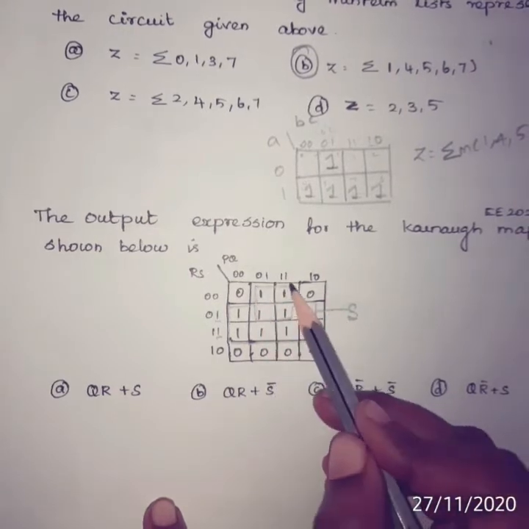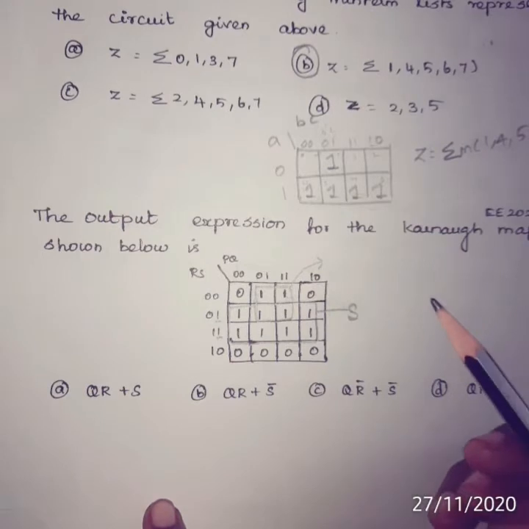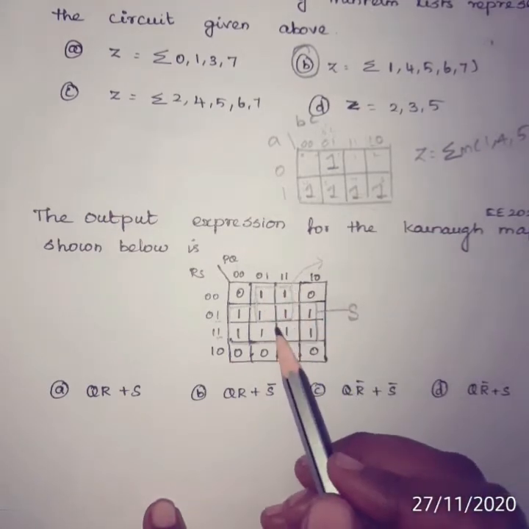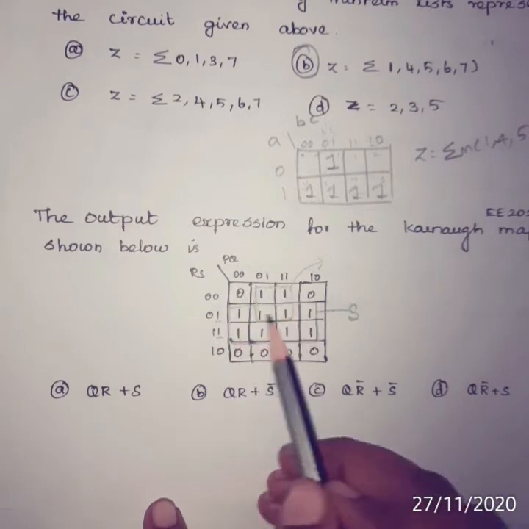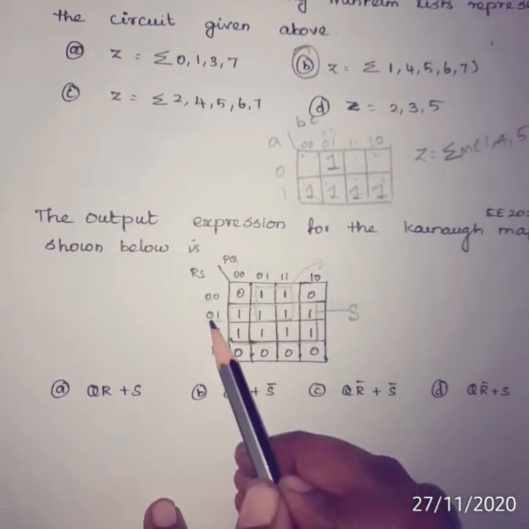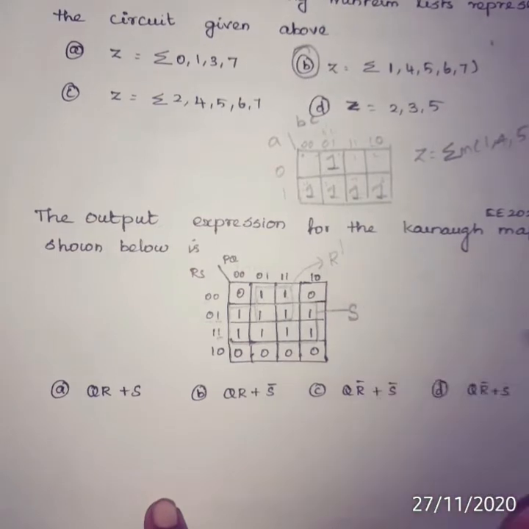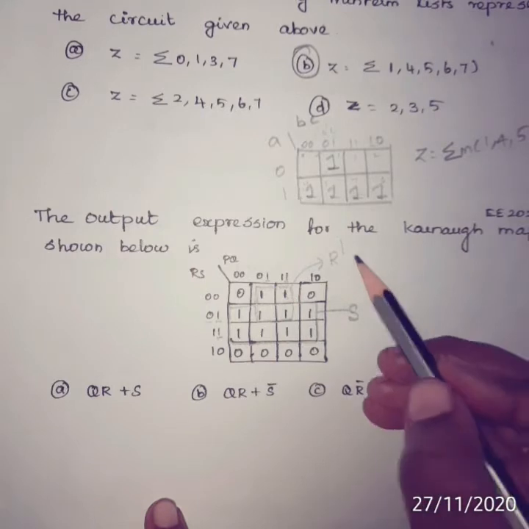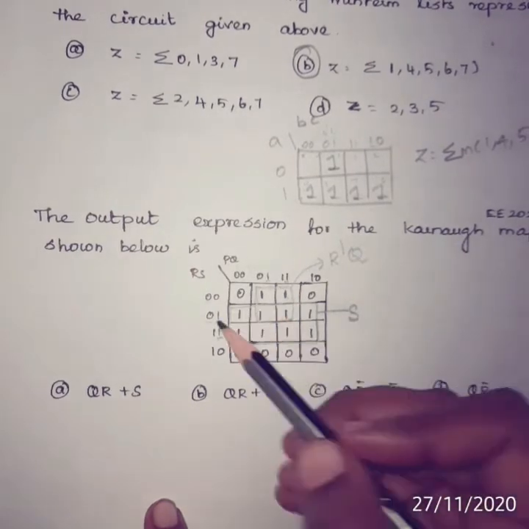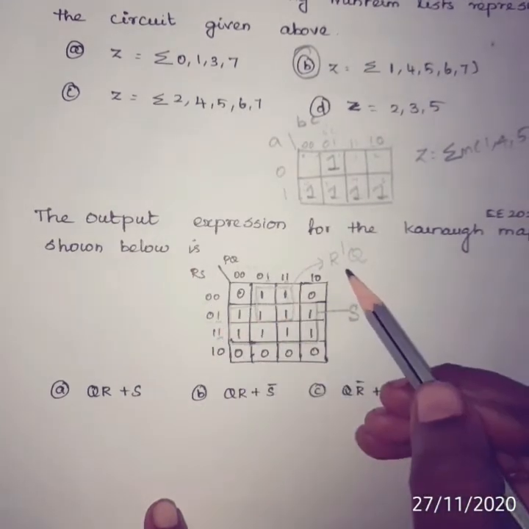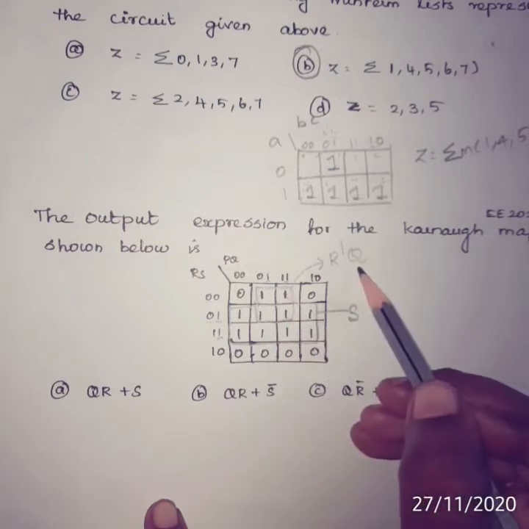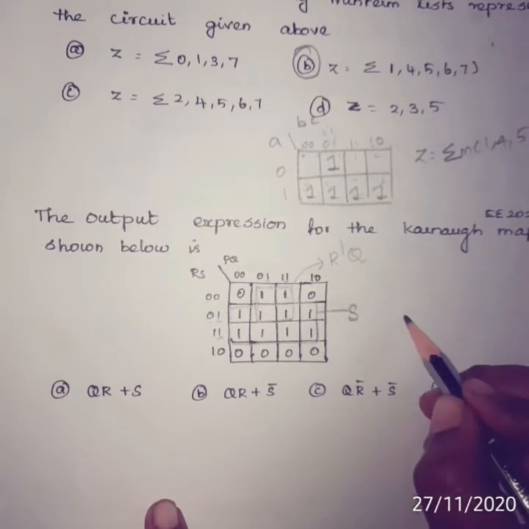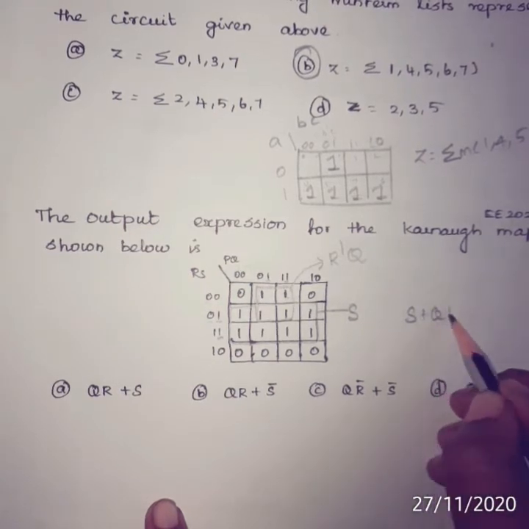Next we have to find the Boolean term for this quad, so check the unchanged literals. In these 2 rows, R is unchanged with value 0, so that is R dash, and in these 2 columns, Q is unchanged with value 1, so that is Q. Value 0 means you take the complemented form, and 1 means the natural form. So Q R dash.